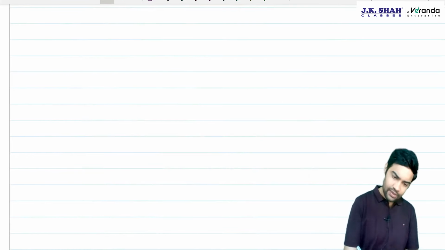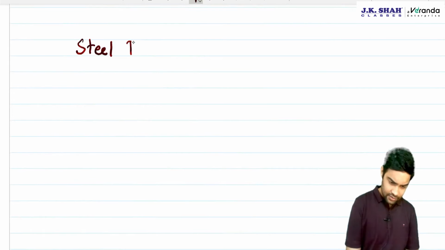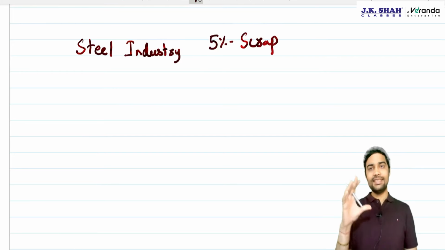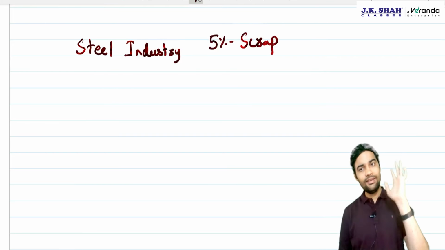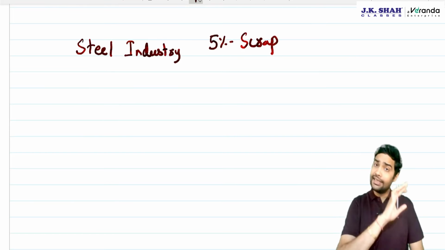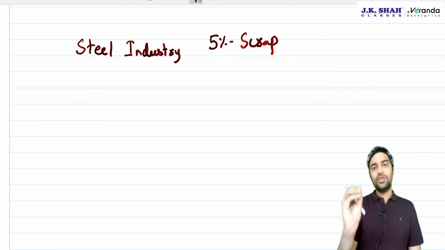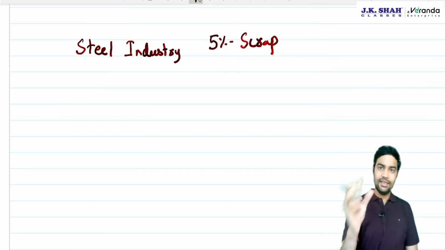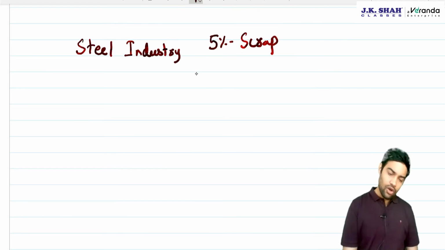Suppose the entire steel industry was paying 5% GST on scrap. Steel industry scrap, they were paying 5%. So it was a business practice for the entire steel industry that 5% GST is applied on scrap.